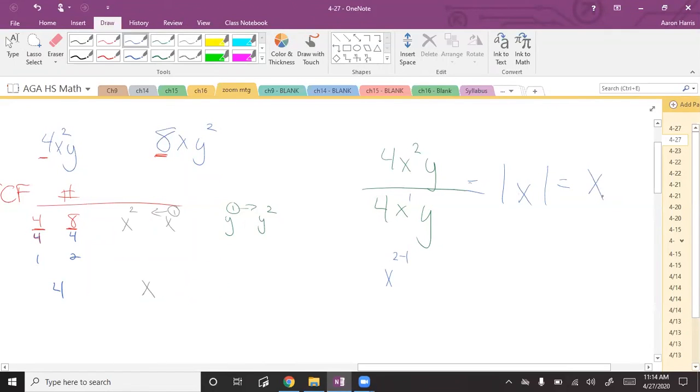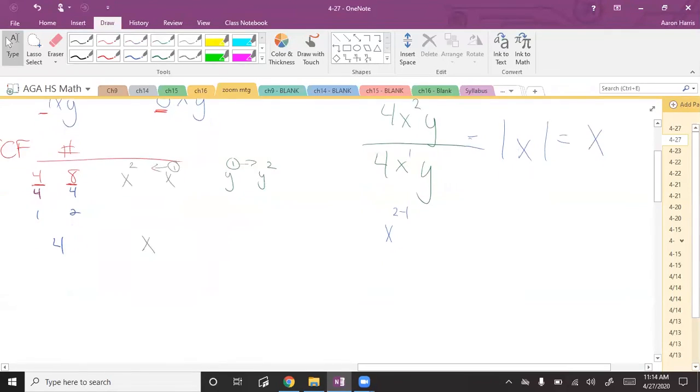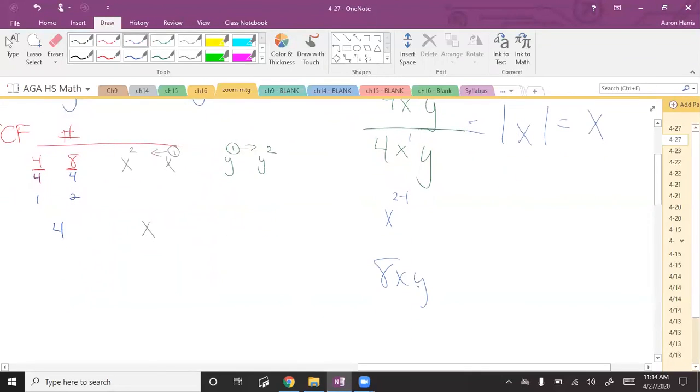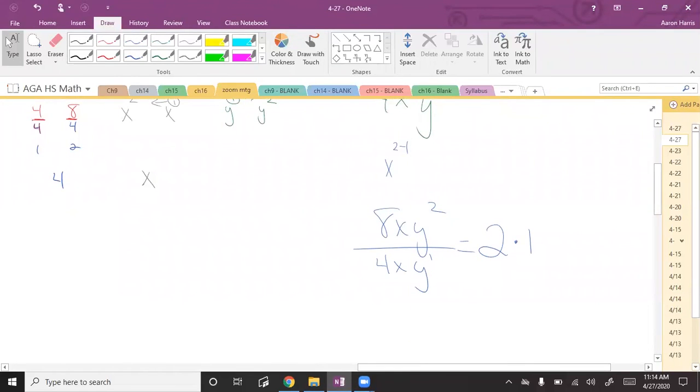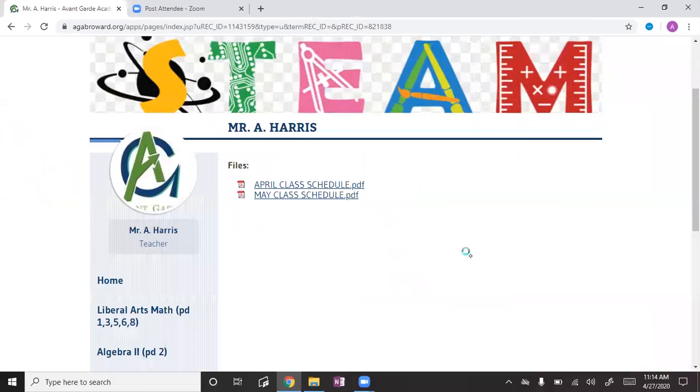That's complete. That works. So now, 8xy squared divided by our 4xy. 8 divided by 4 is 2. x divided by x is 1. y squared divided by y to the first power really says what?